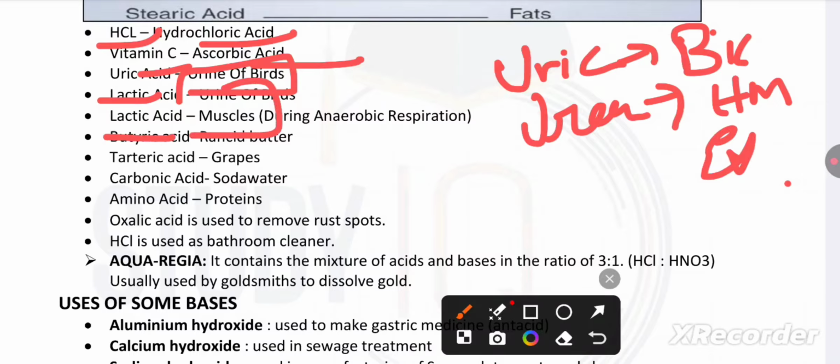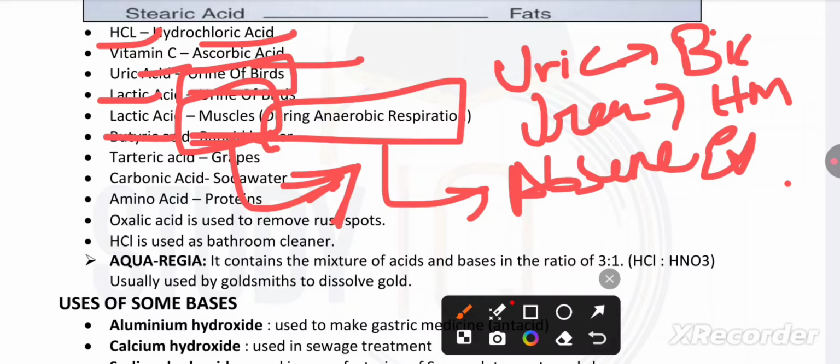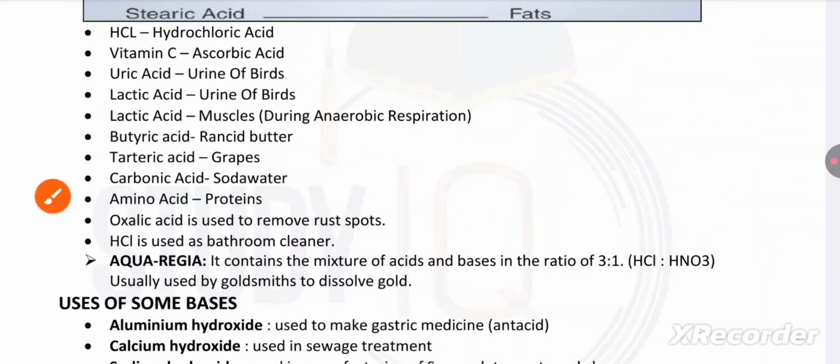Lactic acid, muscles. Lactic acid is produced by muscle cells during anaerobic respiration. We will study it in biology, but I will give a little bit. Anaerobic is the absence of oxygen.